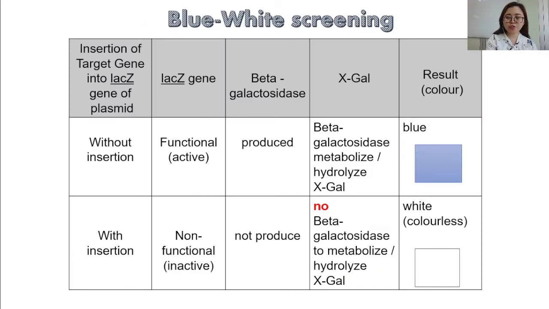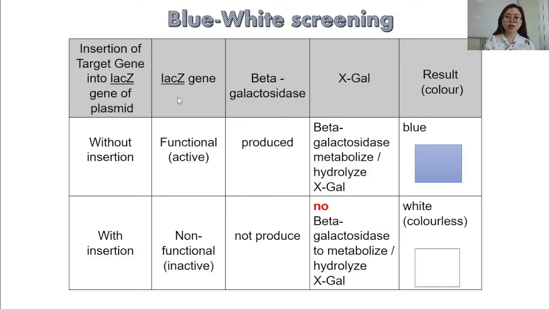So what we have here is a table that briefly summarizes what happens in blue-white screening. So this table, if you are still confused, you can refer to this table. This row, without insertion, is if your plasmid did not successfully receive the target DNA. What about its target DNA?